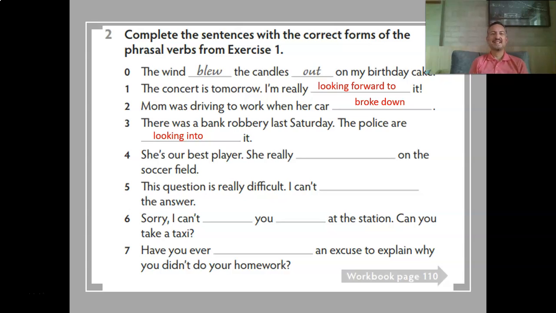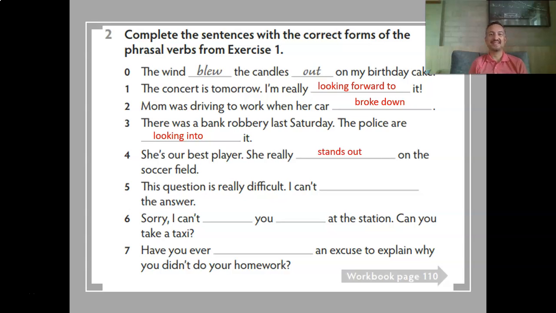Number 4. She's our best player. She really blank on the soccer field. So what is here? Everybody can notice her. Everybody can see her because she's the best. So what is the phrasal verb? Starts with S. She really stands out on the soccer field.